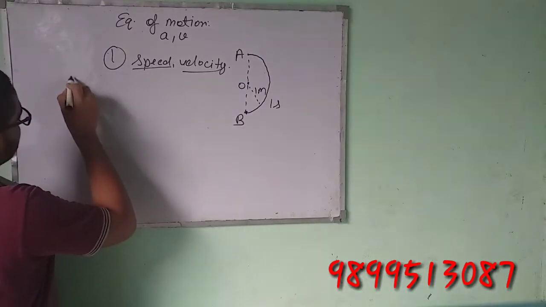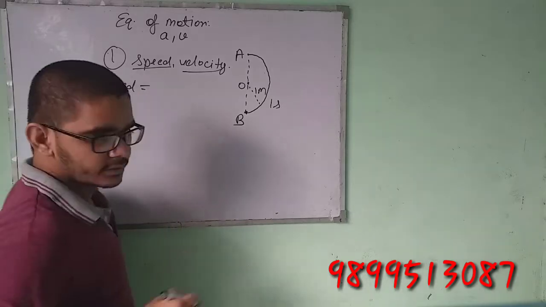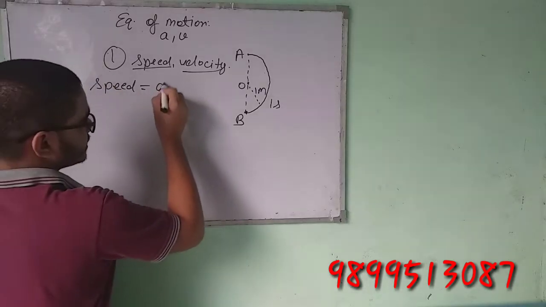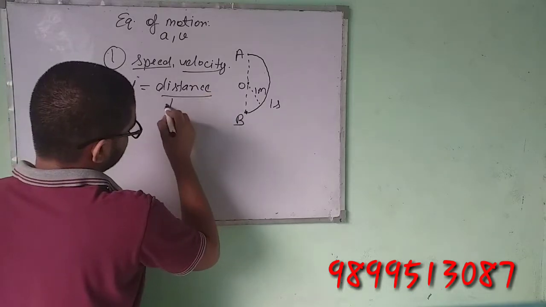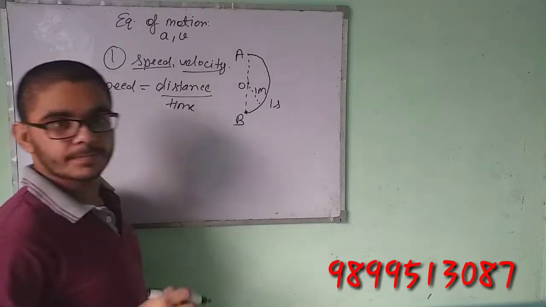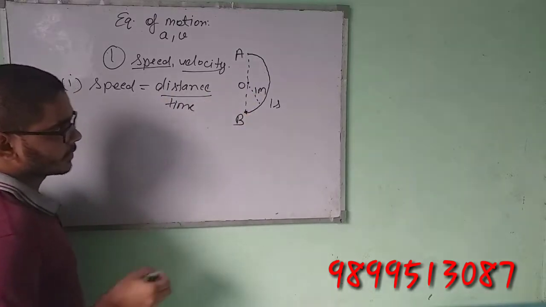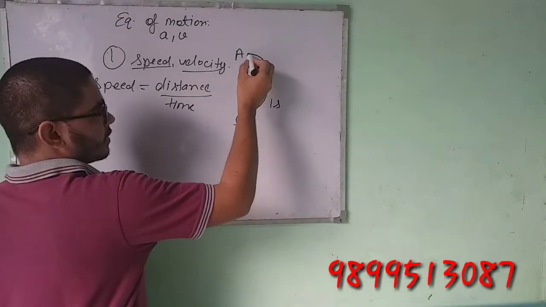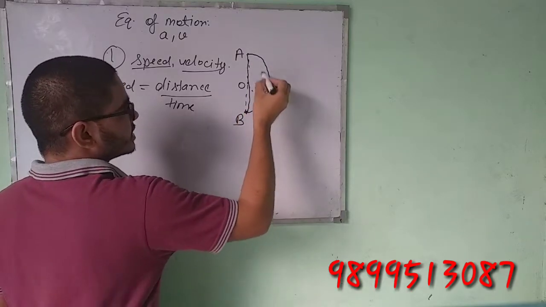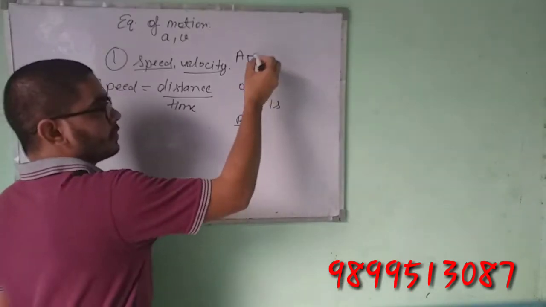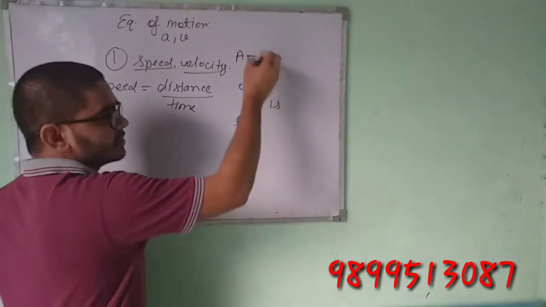So let us calculate speed first. Speed is what? Distance traveled upon time taken by the body. Now what is the distance between points A and B? Is it this one or this one? I have just joined these points, but the path followed by the particle is this one, so this will be the distance.